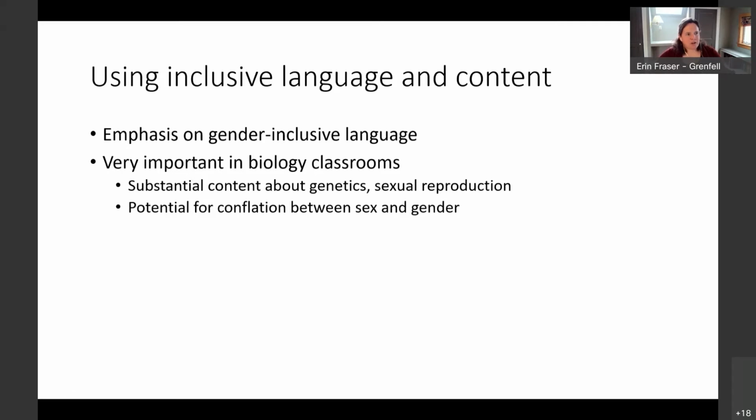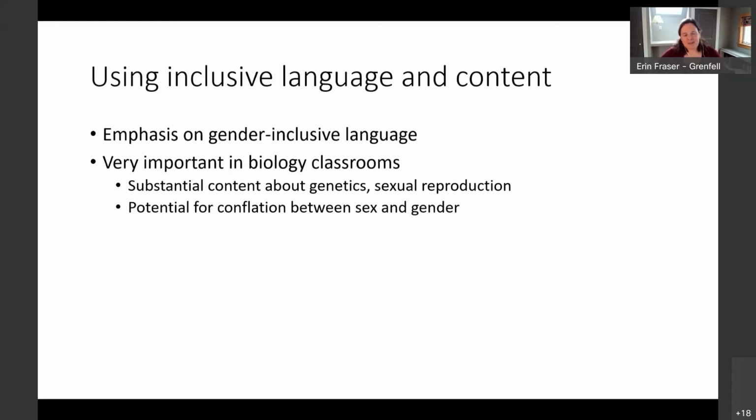To give some concrete examples, in traditional biology classrooms it would be very common to use words like female, mother, maternal as adjectives to describe everything from types of hormones to people who have a uterus, to individuals that produce eggs, to individuals with specific sex chromosome karyotypes. And so we can see right away that that's incredibly not gender inclusive.